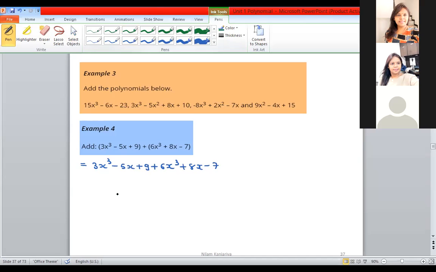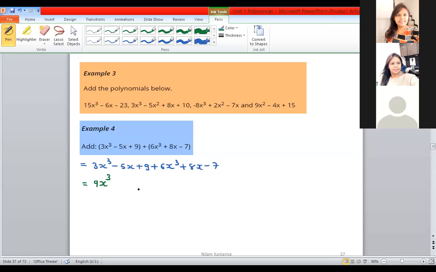Next step, you are dealing with powers. We add the like terms whose powers are the same. I can add these two terms or more than two terms. So x cube plus x cube is 3x cube, plus 6x cube, it is 9x cube. Then what is the next step?